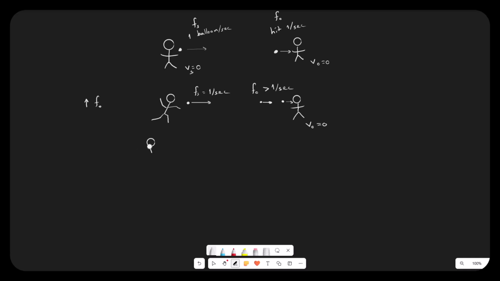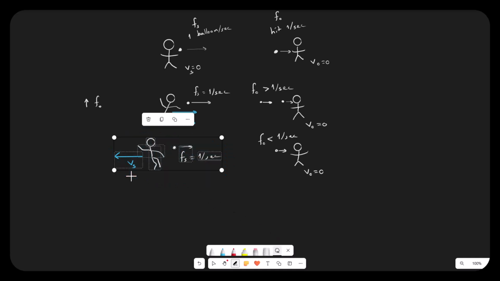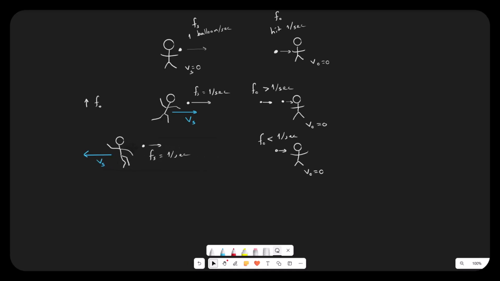If I do the opposite, if I am backpedaling and still trying to throw, so in this case I was running forward, now my observer, who is still standing still for the moment, is getting hit less than one per second, because I throw the first one, and now I move back, so that second one has a farther distance to go, and it takes longer.